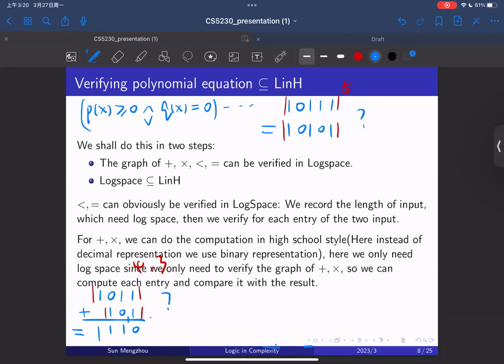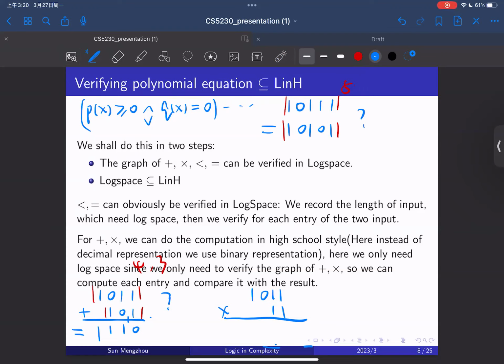And similarly, we can do multiplication. So let's say 1011. Let's say this here is 1 1. Again, we do this in high school style, but we still do it entry by entry.